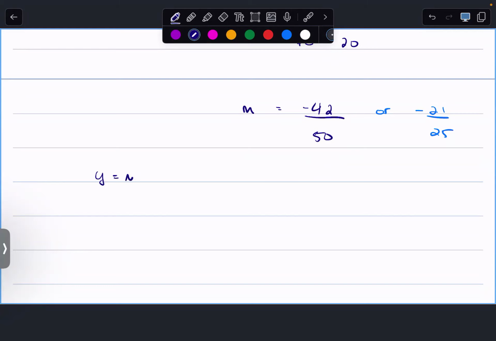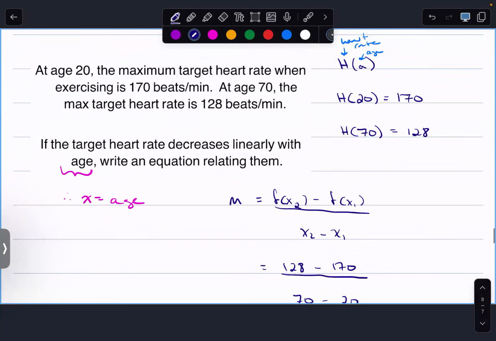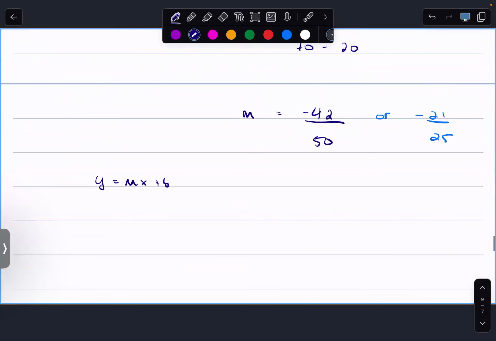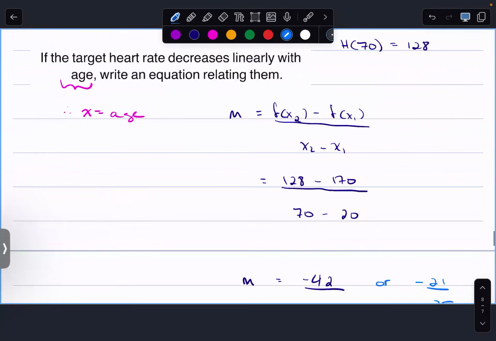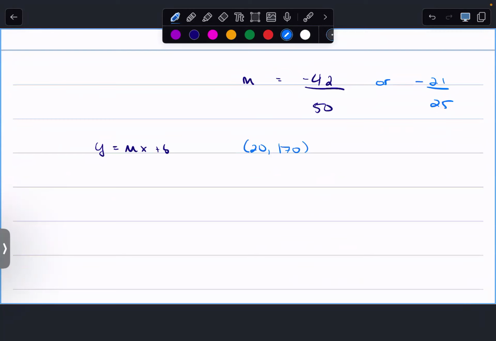Y equals mx plus b. And either one of these points will work. We can use the first point when x is 20. The output is 170. 170 is, I'll keep the non-reduced one.